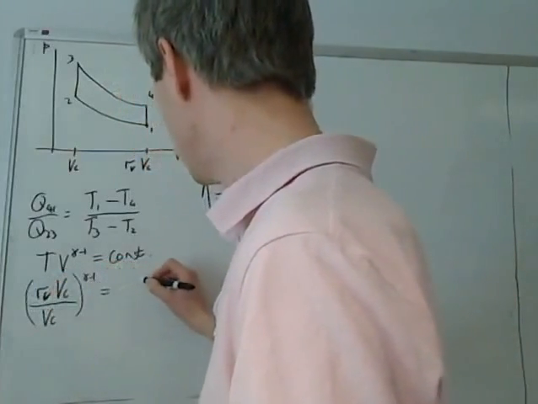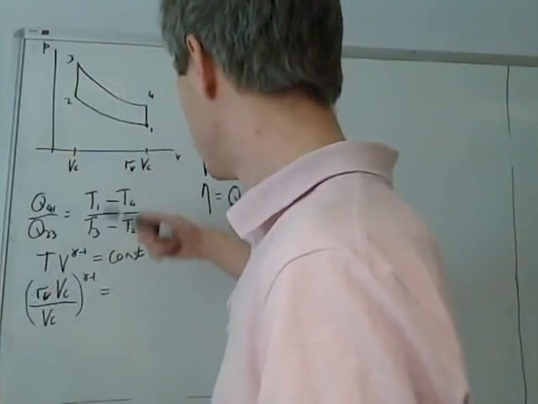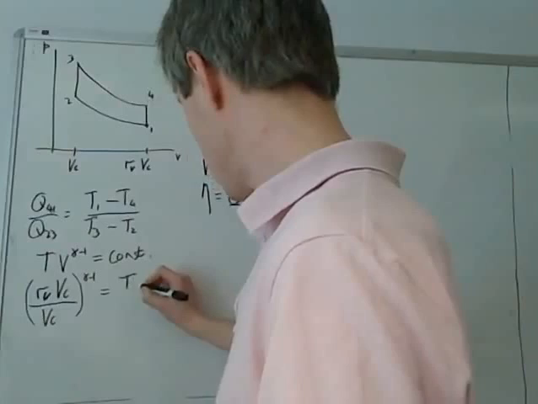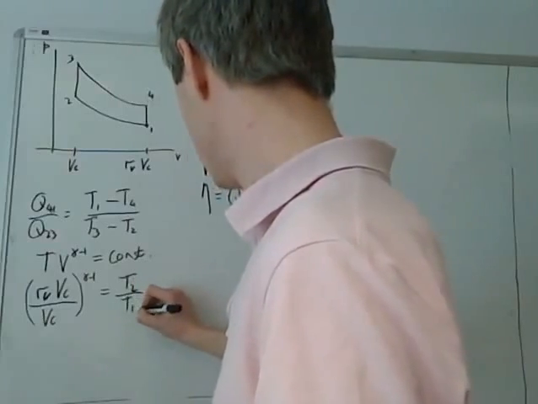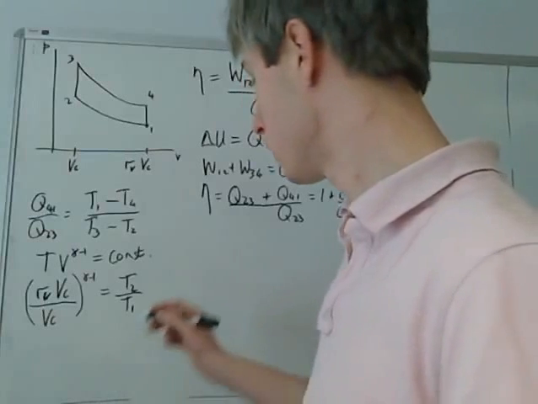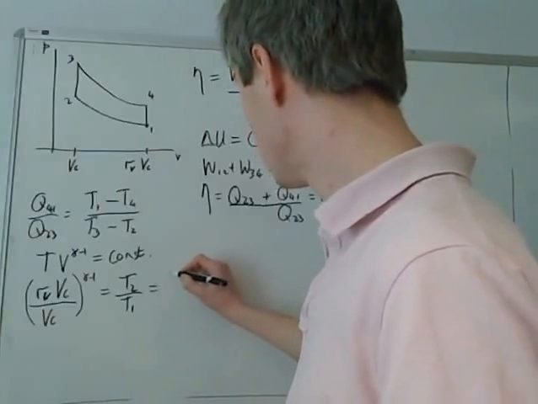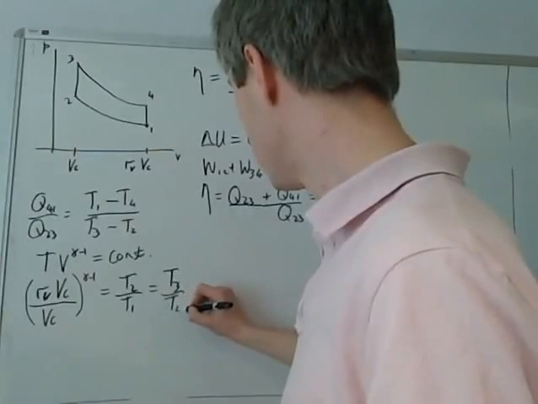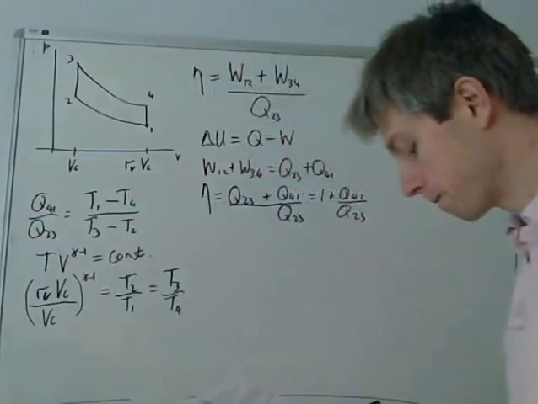So gamma minus 1 is equal to the inverse temperature ratio, so T2 over T1. And because both isentropic processes have the same compression ratio, that's also equal to T3 over T4.